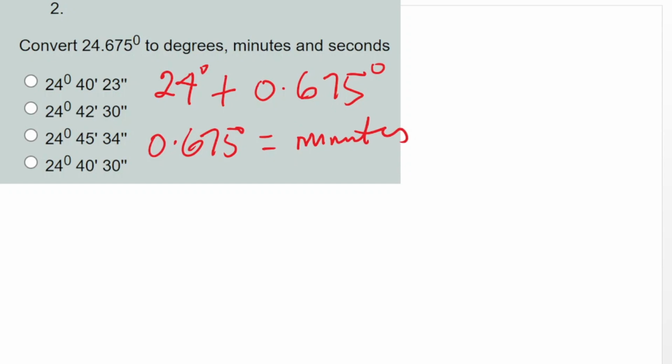Don't forget, when we were changing from minutes to degrees, we divided. But now we're changing from degrees to minutes, so we're going to multiply. Since 60 minutes equals 1 degree, to change this to minutes we multiply by 60. That will be 0.675 multiplied by 60.